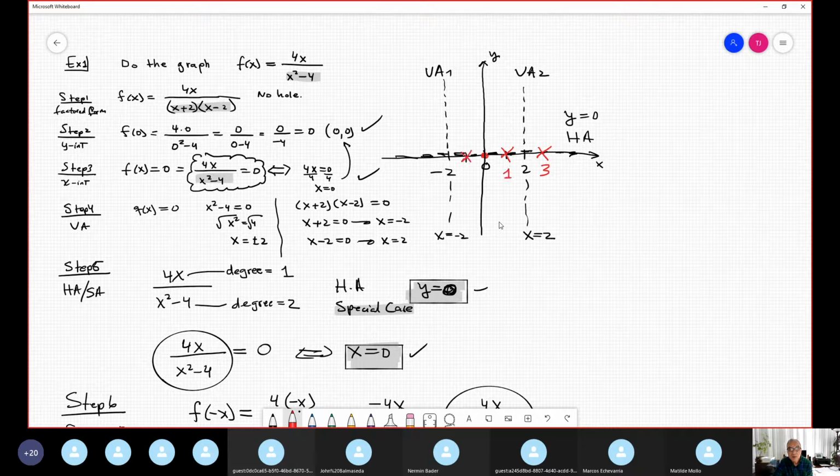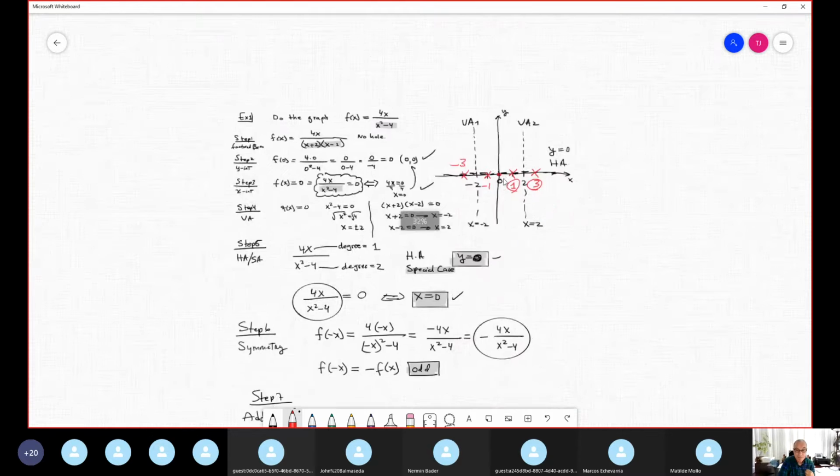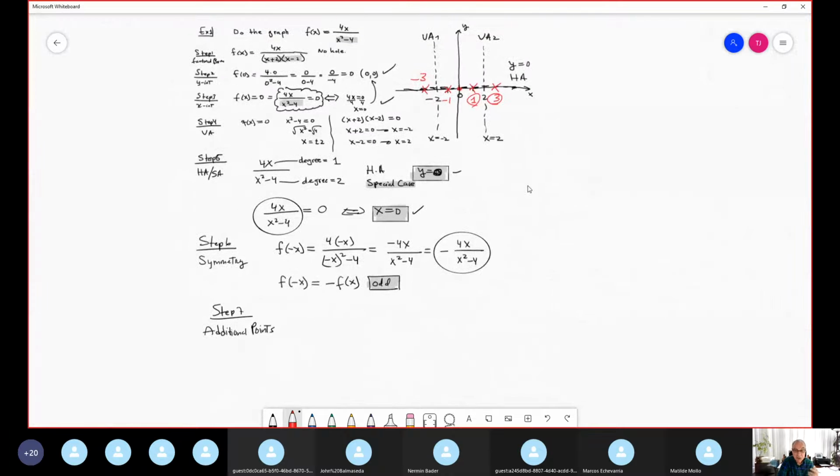Maybe you select -1. And maybe you select -3. But si I take advantage of the symmetry, I only evaluate 1 and 3 because I know that the answer in -1 and -3 is the same value with the opposite sign because the function is odd function.